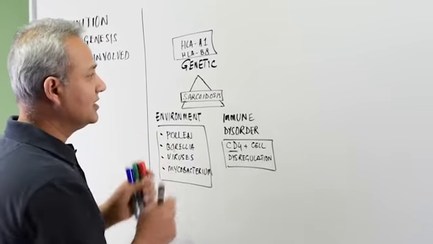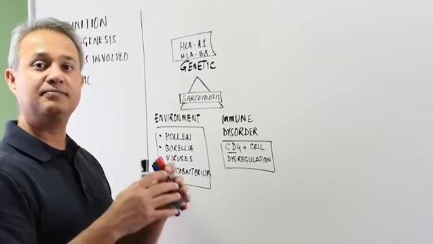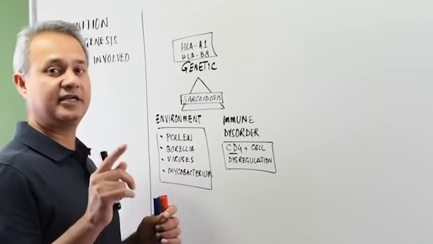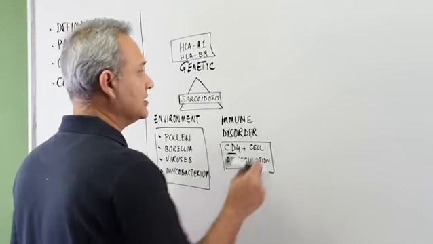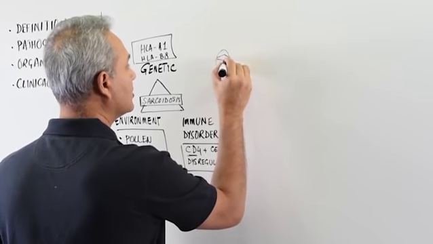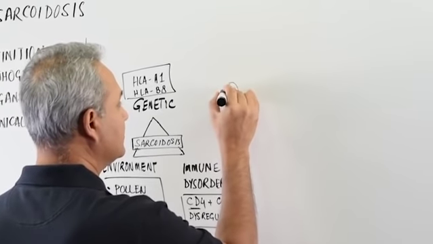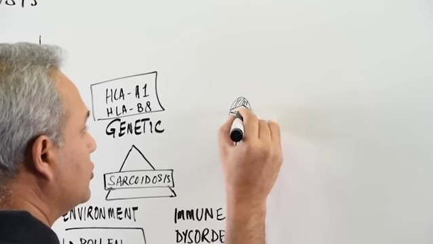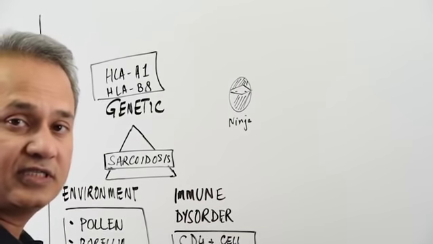So with this, let's talk about the mechanism of production of non-caseating granuloma. So what happens is this. Let's say this is the antigen, the ninja antigen, that we do not know the origin of.